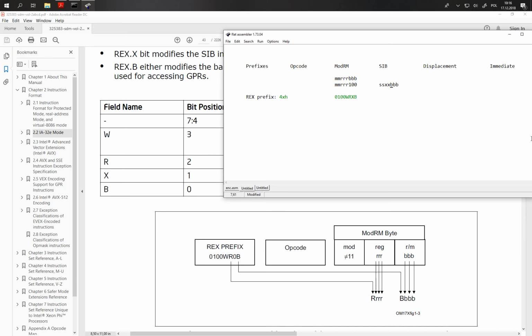Well, we might use X for index in this case, because this X in REX is then the 4th bit for this field. And again, B goes to extend this one to 4 bits, and R goes to extend this one to 4 bits.